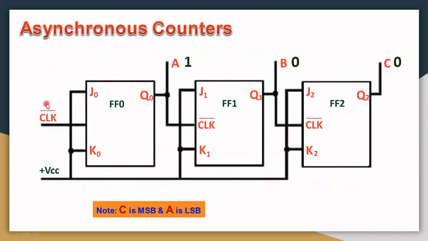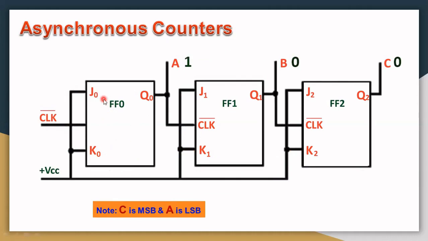I am giving a clock pulse so that this first flip-flop gets activated, and we know J equal to K equal to 1 is the toggle condition for a JK flip-flop. That means it will invert its output when we are giving J equal to K equal to 1.